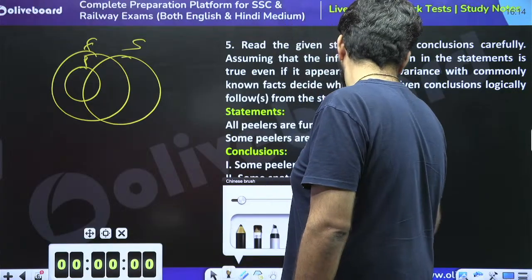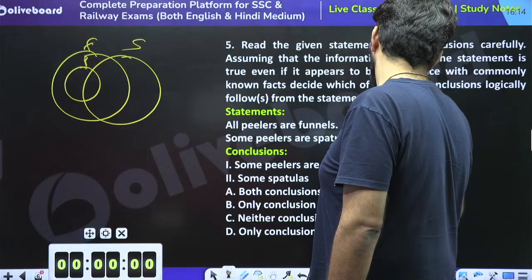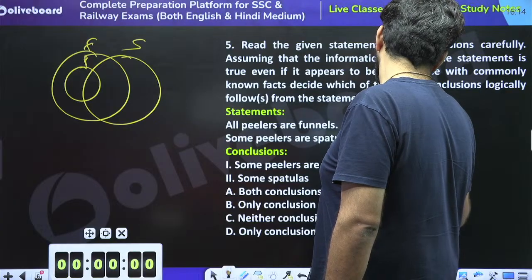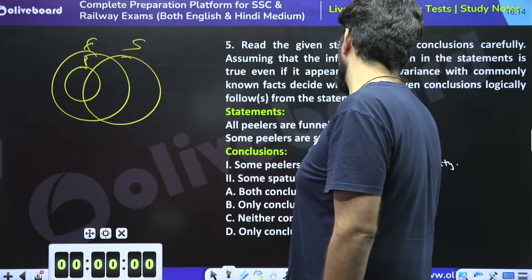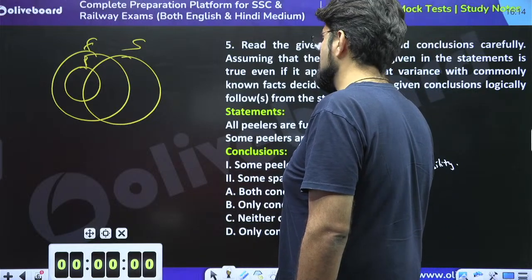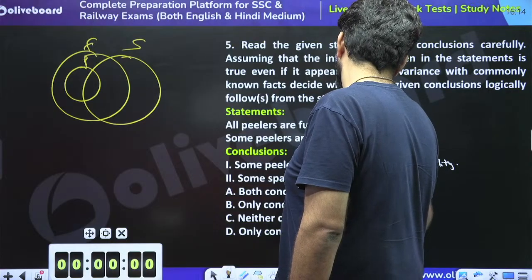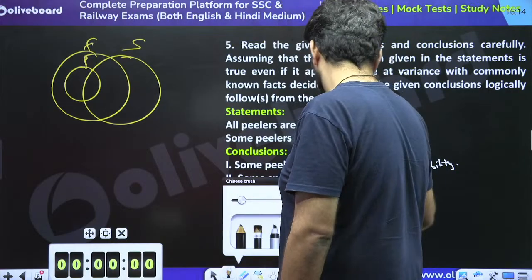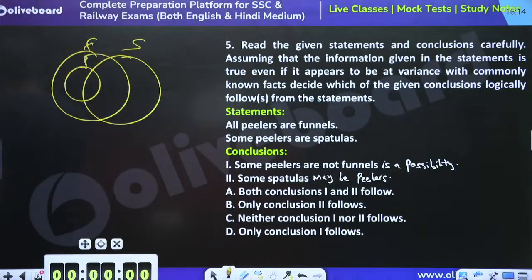Simple only, I'll keep it, not difficult. Now tell me. Yeah, only 2 was right in that case, but now what will be correct?